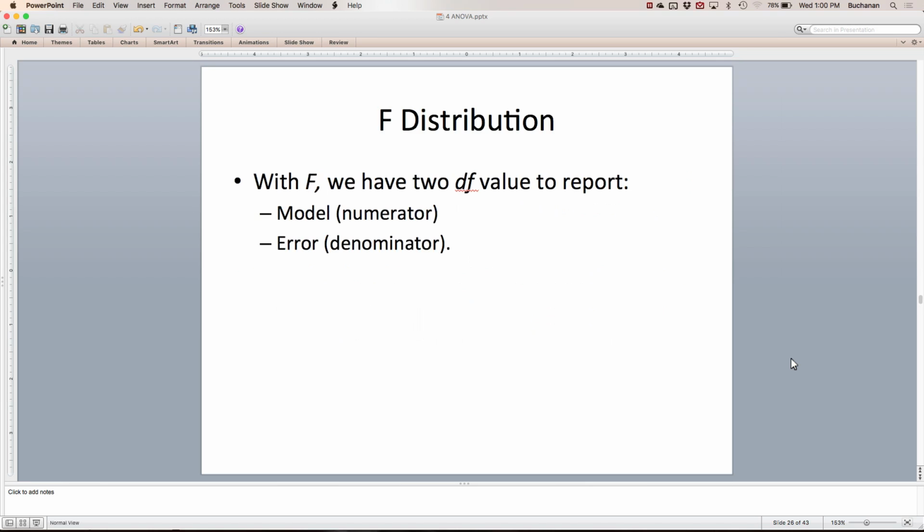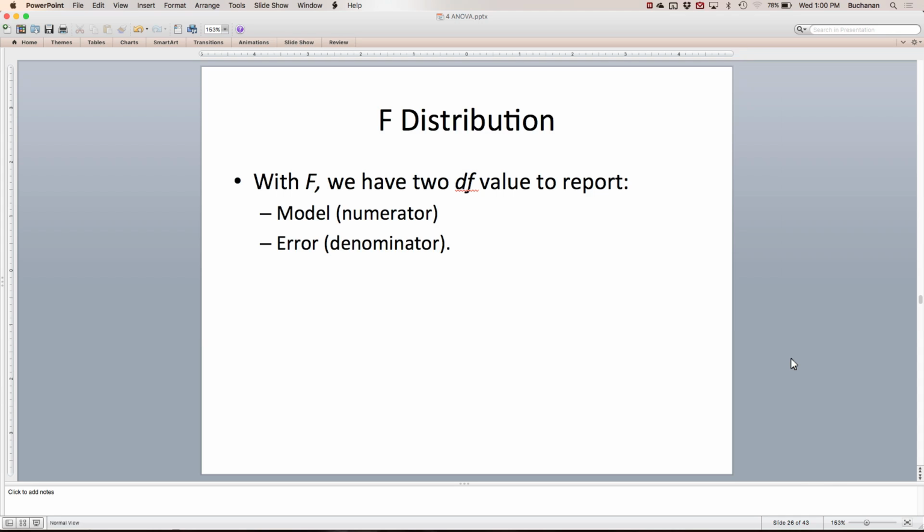The problem with F is now we have 2 degrees of freedom because there's more complicated stuff going on. So we're going to have a model degrees of freedom, which is the numerator, and an error degrees of freedom. I have another slide in a minute that explains what those are.